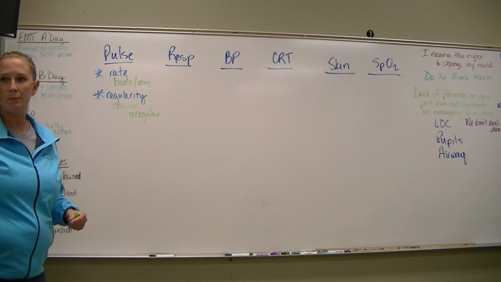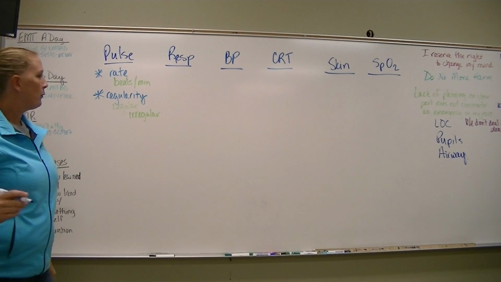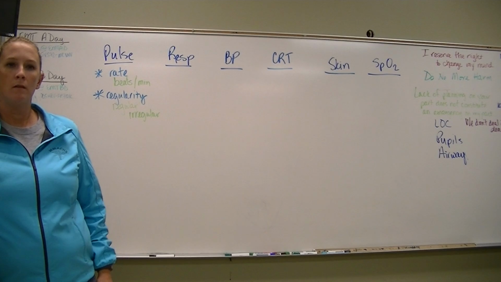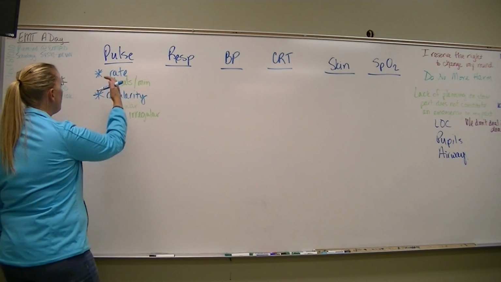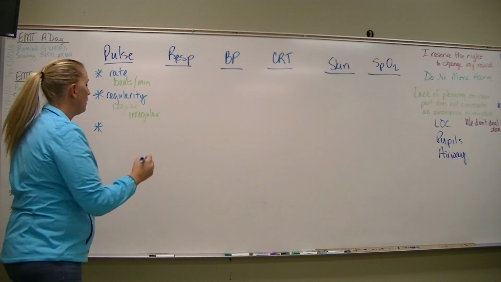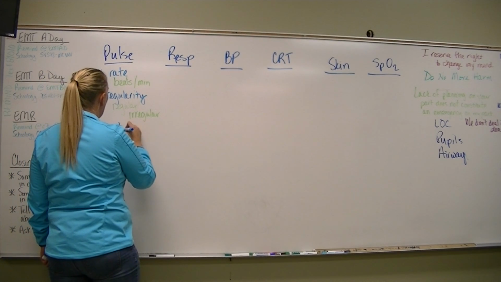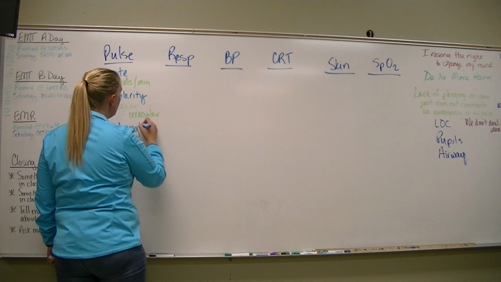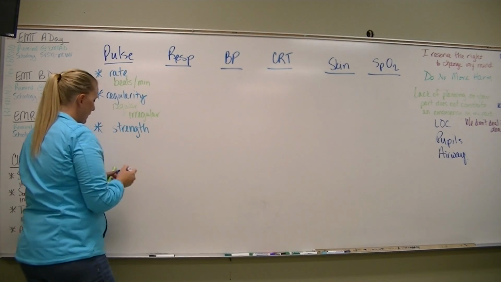Right? Pretty simple. What's the last thing that we're going to report on for pulse? Strength, yeah. We're going to report rate, strength, and regularity. And strength has all sorts of things that go along with it. It can be strong, it can be weak, it can be bounding, it can be thready.